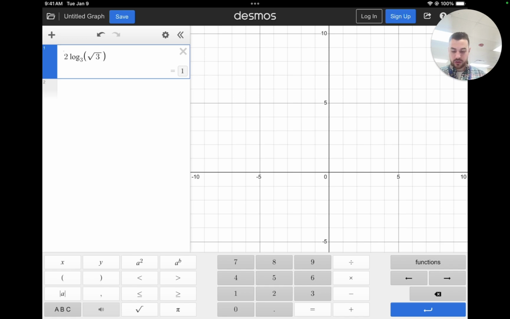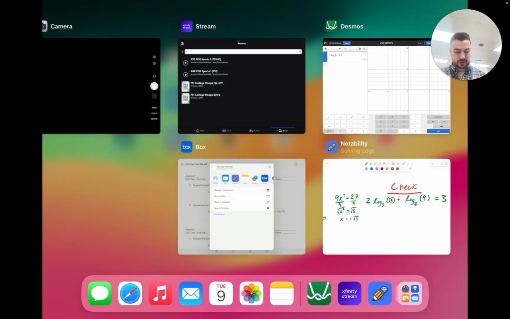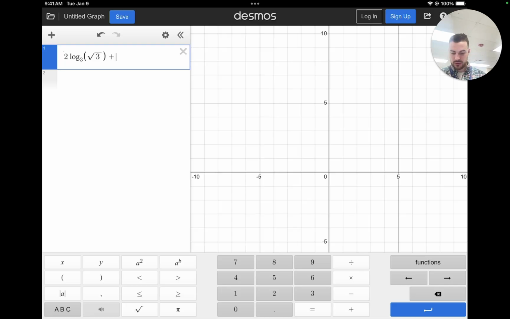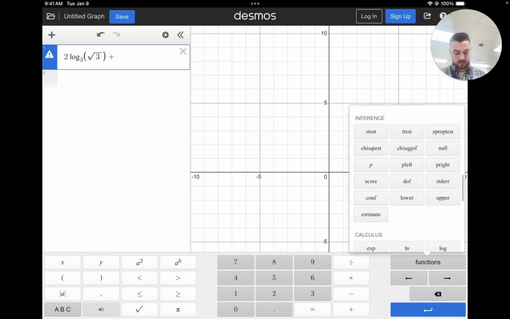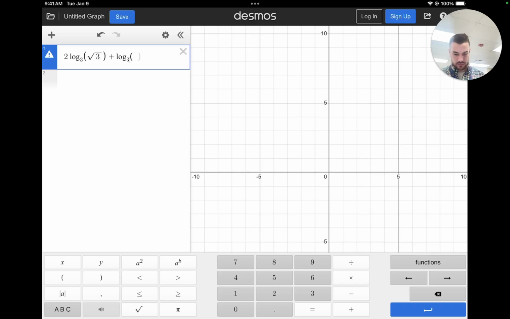And then let's see, add log base 3 of 9, and we do in fact get 3.